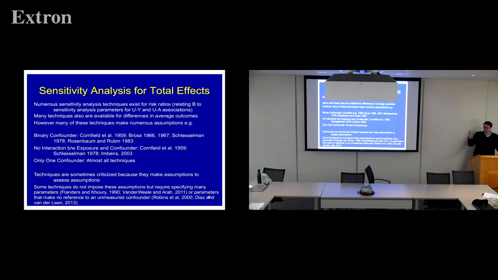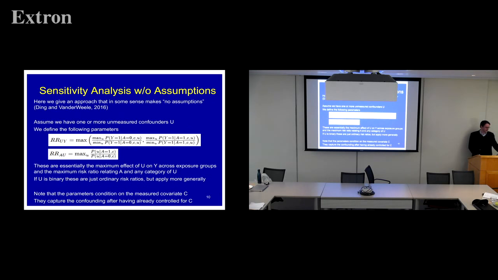You have to start specifying the effect of the unmeasured confounder for each of the exposed and unexposed groups, and how that differs for each possible level of a multivariate confounder, and it becomes a mess. Or the techniques that also don't make these assumptions avoid any reference to an unmeasured confounder at all, and essentially just have you assess, do you think the extent of bias is larger than your effect estimate or not? And it's unclear that those are necessarily helpful in trying to develop intuition as to robustness of conclusions.